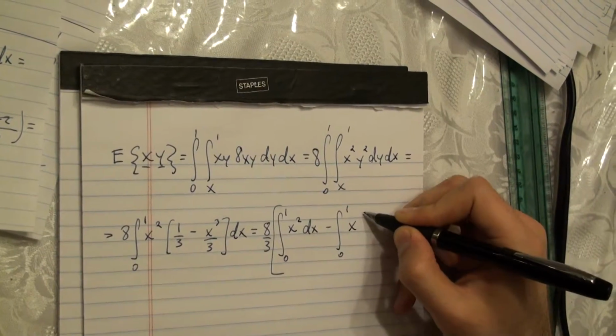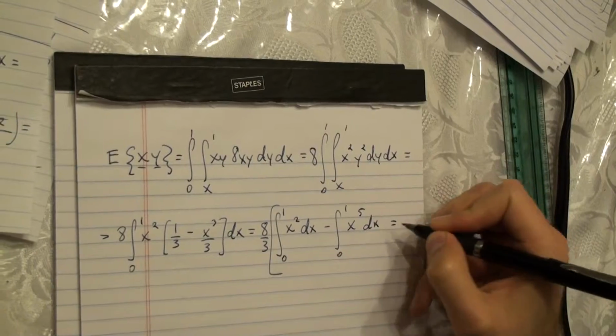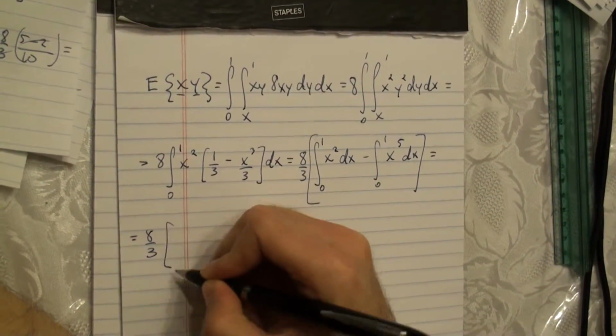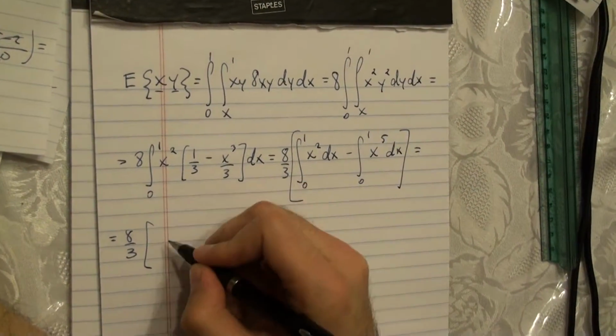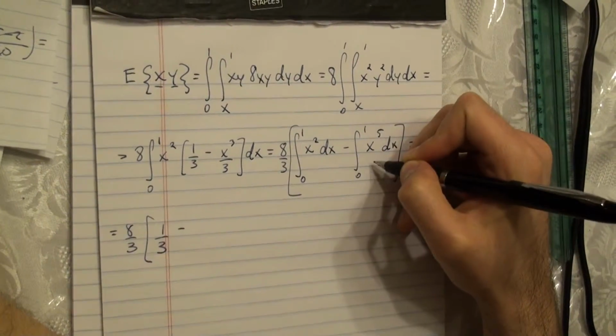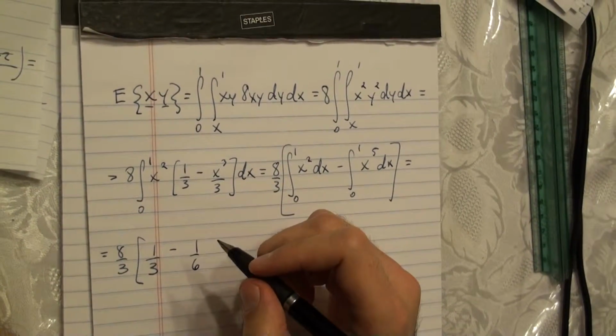So we're going to have x to the 5th dx. So we have here the 8/3 common factor. X squared becomes x cubed over 3. Between 0 and 1 becomes 1/3. This becomes x to the 6th over 6 between 0 and 1, which becomes 1 over 6.